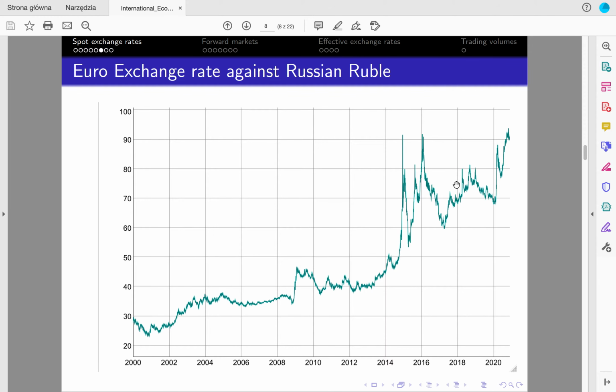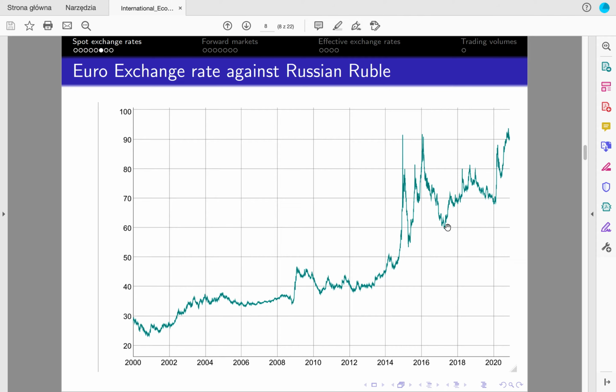Look, because the scale here is so big that even though those changes here are 5, 7 rubles, still they seem very, very tiny in comparison with what was happening between 2012 and 2017, where you see enormous swings in the value of the currency, which can be devastating for the Russian economy.